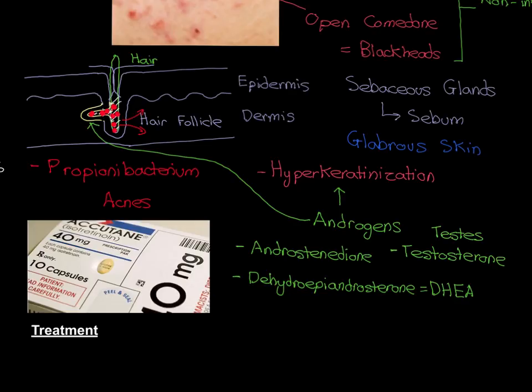Sebum is draining perfectly. How long does it take following the rise of androgens for acne to actually occur? How long does it take for the pores to become blocked up, for the sebum to collect up to form a visible whitehead, and then potentially form either a blackhead or an inflammatory papule? How long does that take?